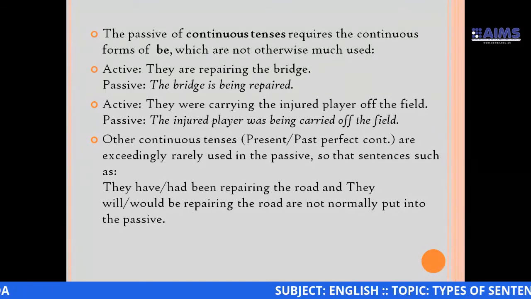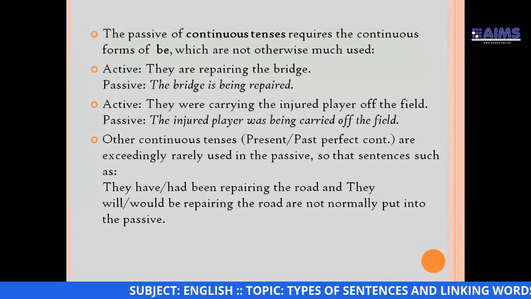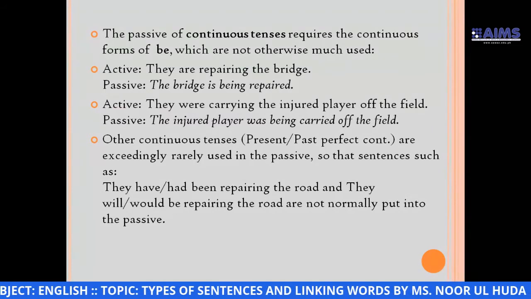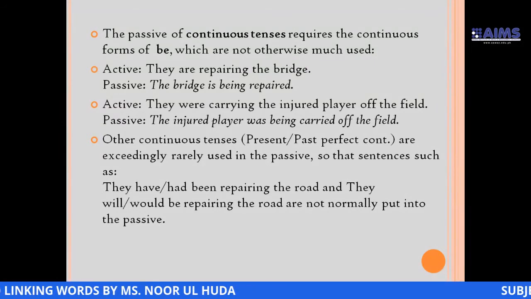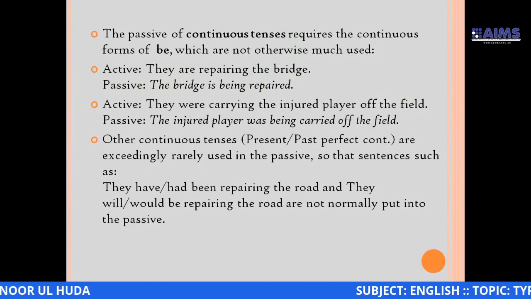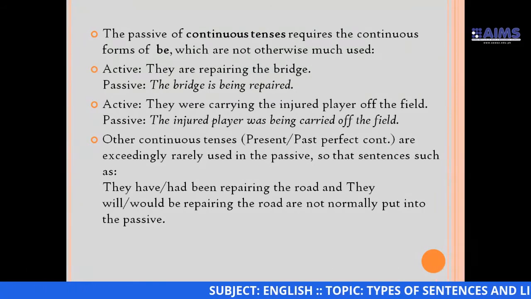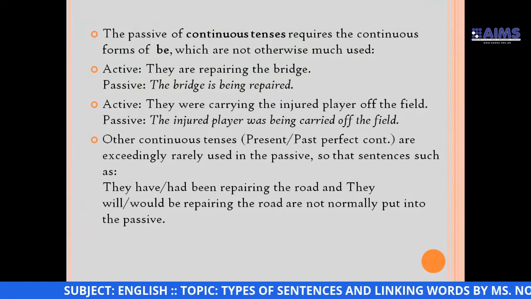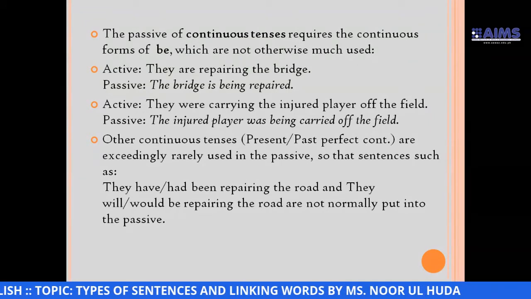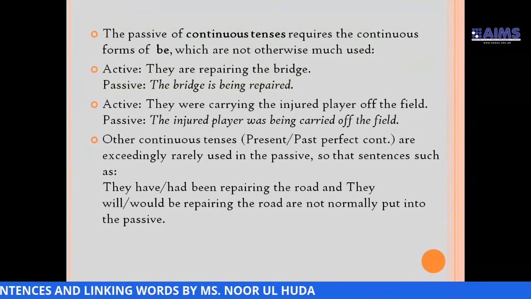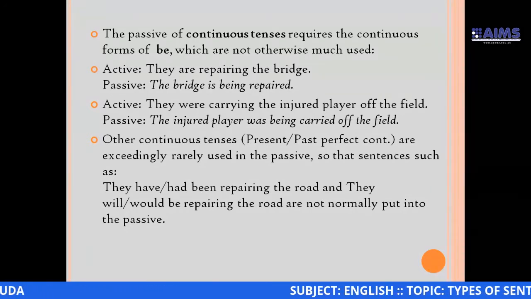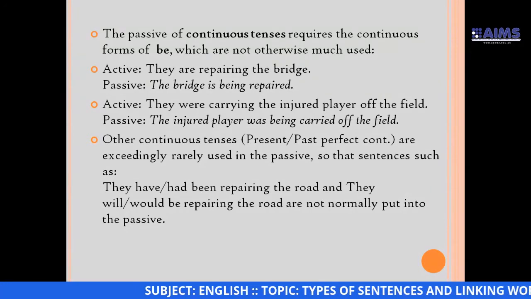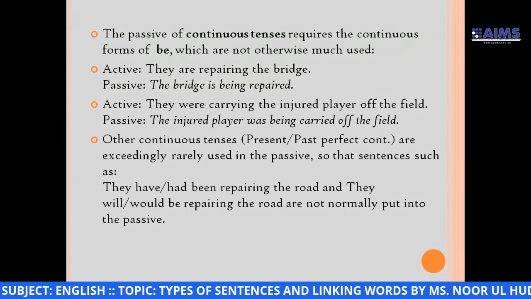Now, other continuous tenses, having present perfect continuous or the past perfect continuous, are exceedingly rarely used in the passive. Means we don't use them in the passive structure. So sentences such as 'they have been repairing the road' or 'they will be repairing the road' are not normally put into the passive.